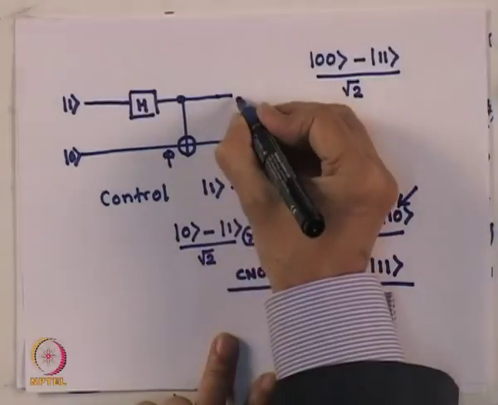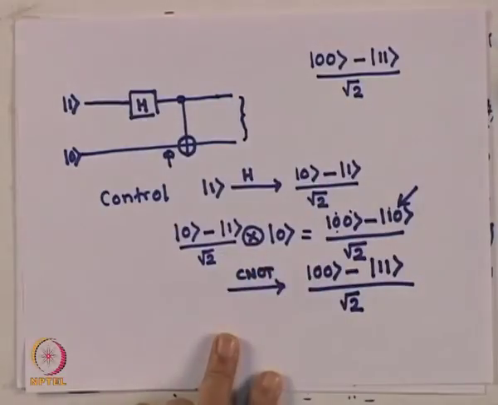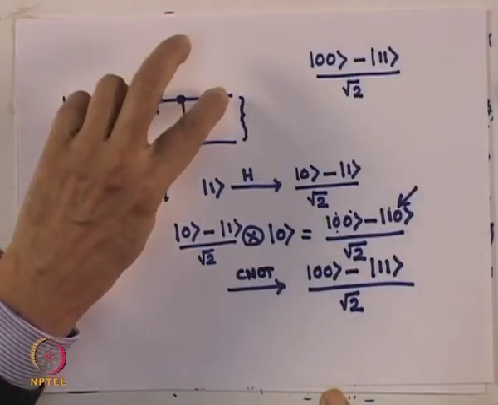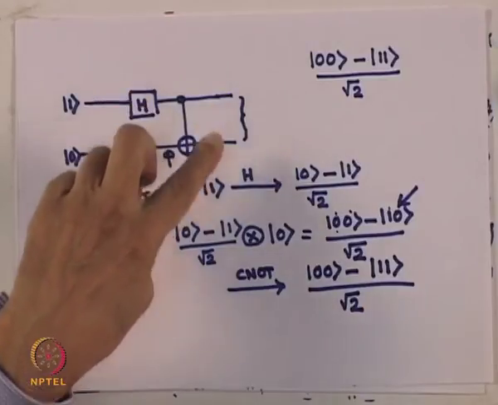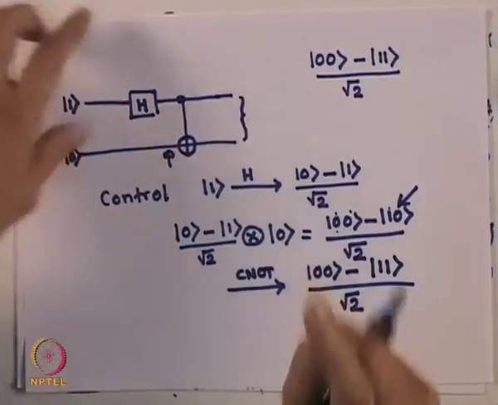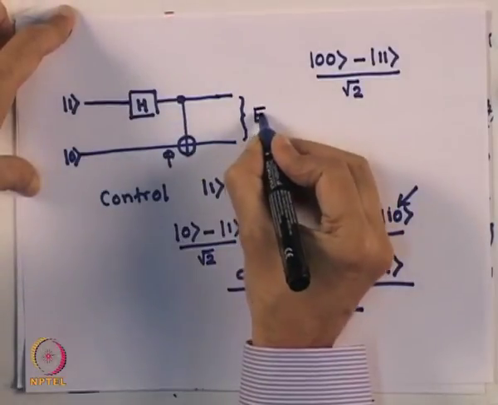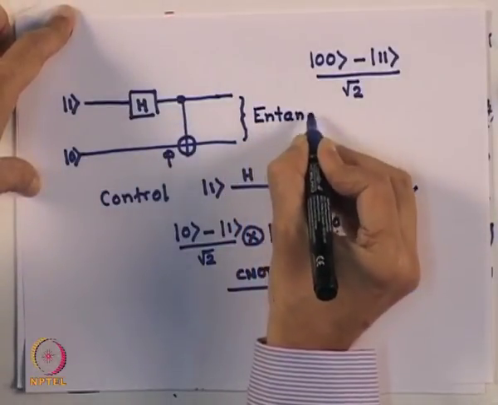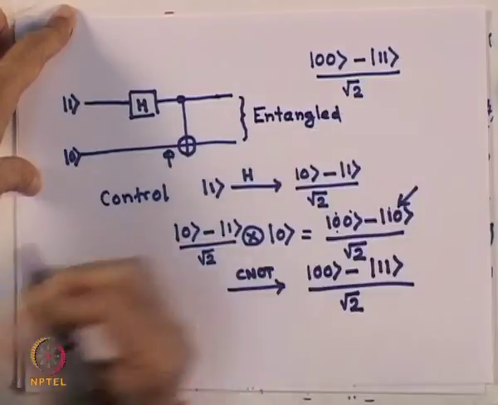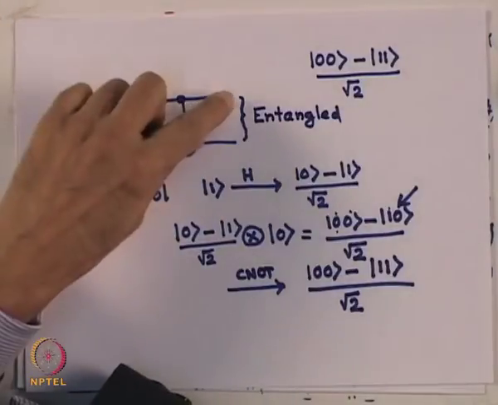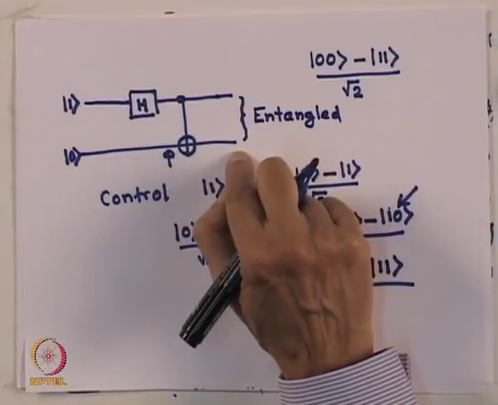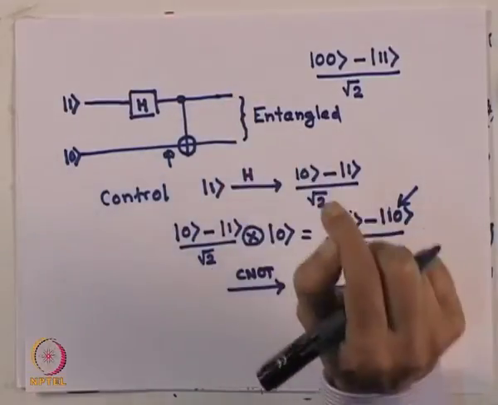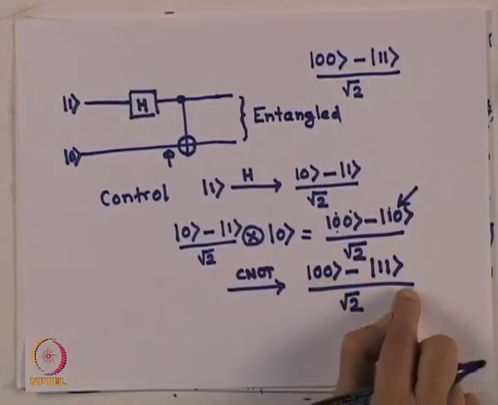Now, this state that you get here is, see, I can't any longer write down the state here and the state there, because the two states here have become entangled. These have become entangled because there are no individual identification here, and the output state is now 0 0 minus 1 1.